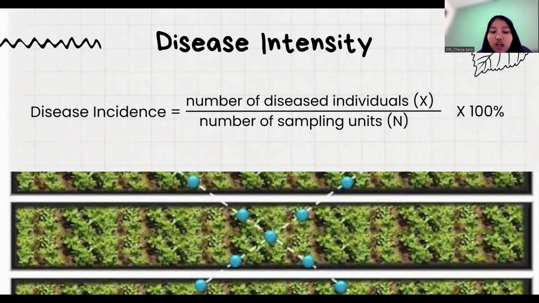The formula used to calculate disease incidence is the number of diseased individuals, X, divided by the number of sampling units, N, and then multiplied by 100%.